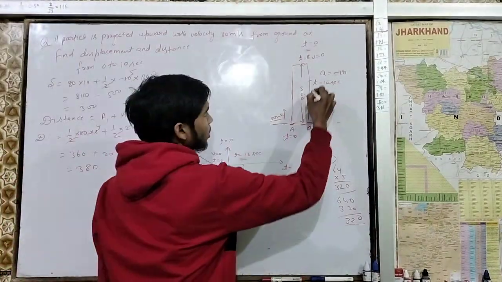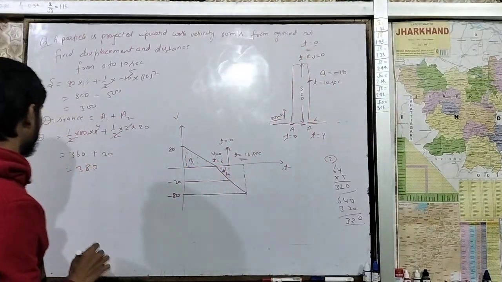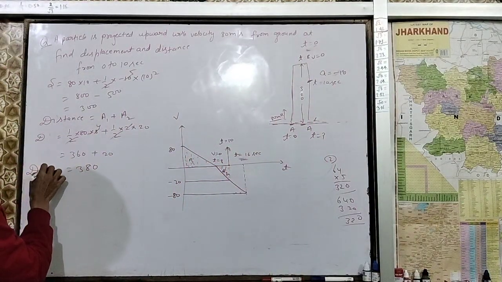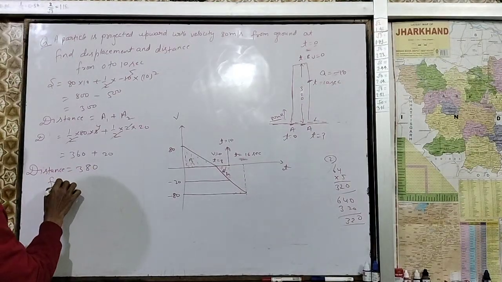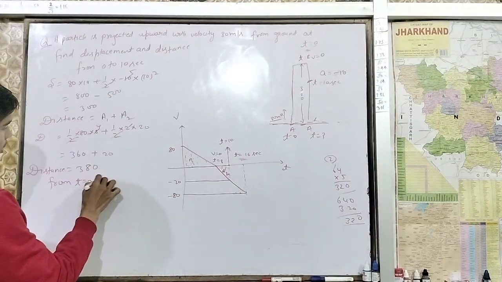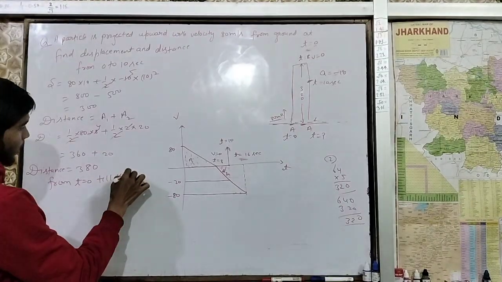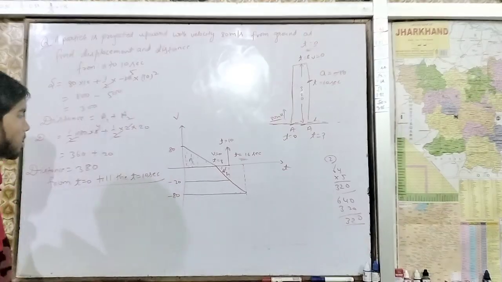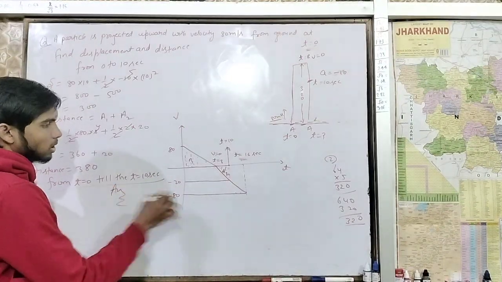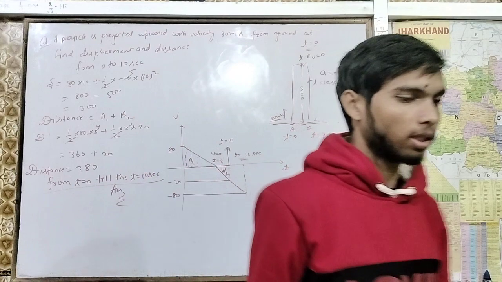From here till here, the total distance is 380 from t equal to 0 till t equal to 10 seconds. Okay, this is our final answer. That is how we have solved this question.